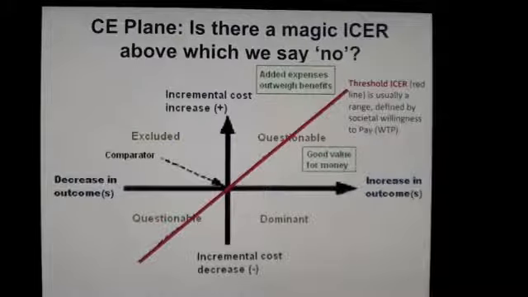Well, if we look at this quadrant, the same cost-effectiveness plane, we've got the four quadrants again. The red line here represents the willingness to pay, or the threshold ICER. We use those two terms interchangeably. The threshold ICER can represent the maximum willingness to pay of a society, for example.